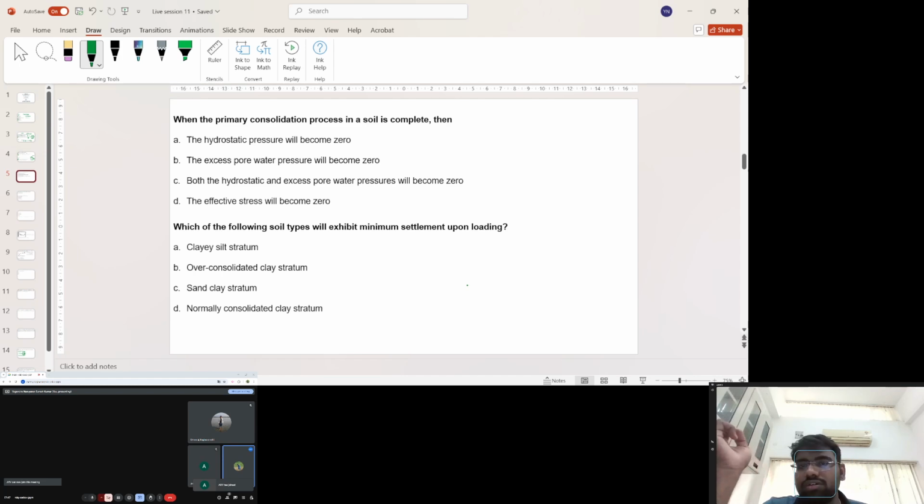Hydrostatic pressure will become 0, the excess pore water pressure will become 0, both the hydrostatic and excess pore water pressures will become 0, or the effective stress will become 0.